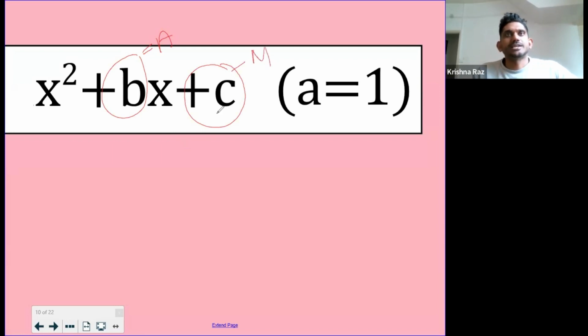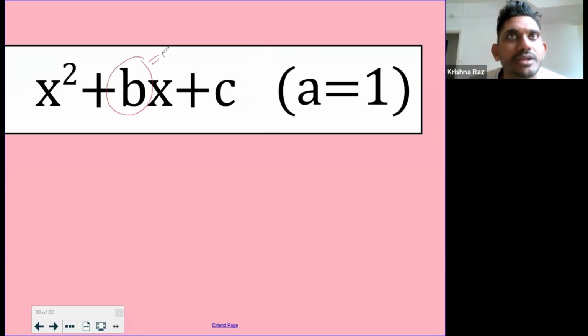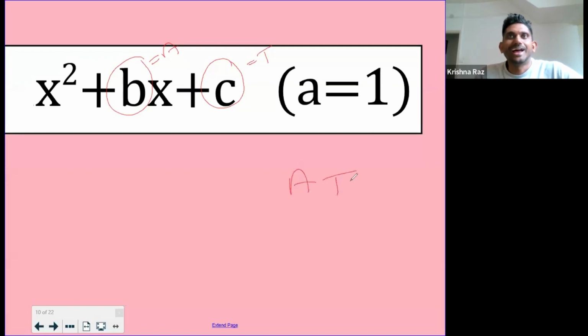Dun, dun, dun. So that spells AM. Well, if you don't like AM, we could say we add to get b and times to get c. That spells AT. Where's it at?